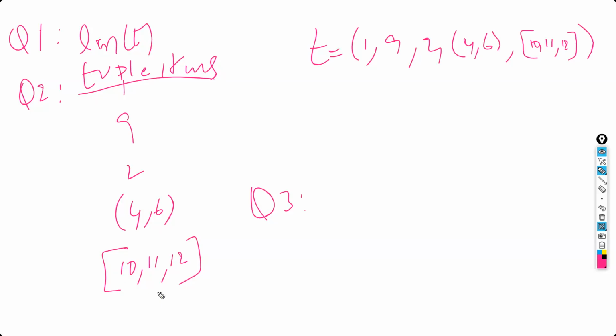Now, question number 4. Whether list of 10, 11, 12 will be considered as tuple item or list item.